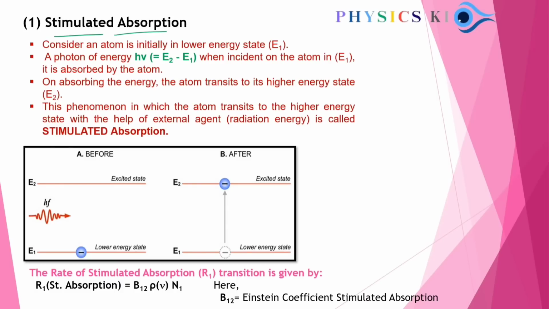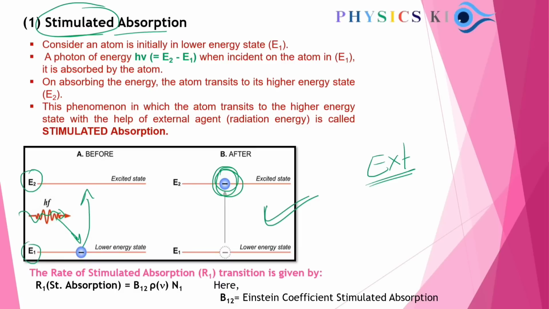What is meant by stimulated? Always remember, stimulated means some external factor is there. Suppose this is your E1 and this is your E2. Whenever an external wave is there, this electron will absorb this energy and go to the excited state. This process name is what? Stimulated absorption.